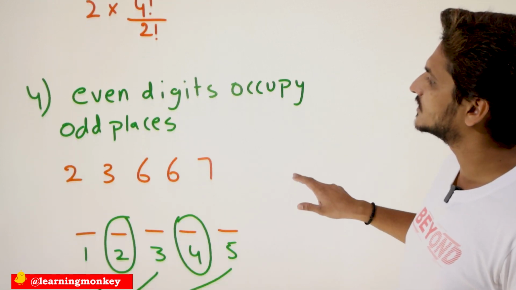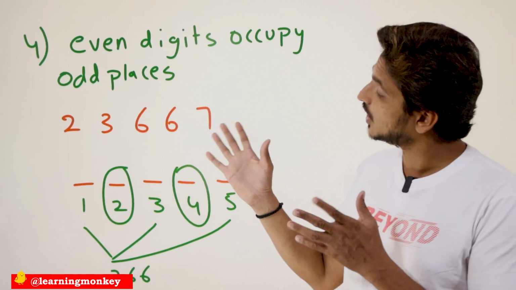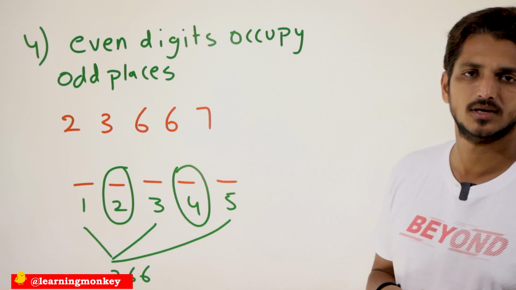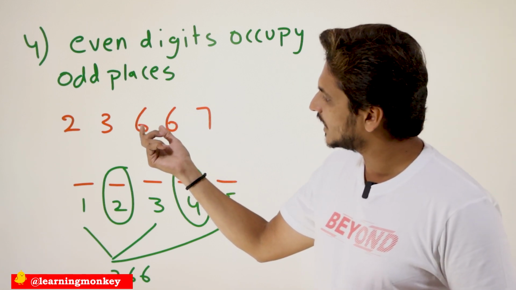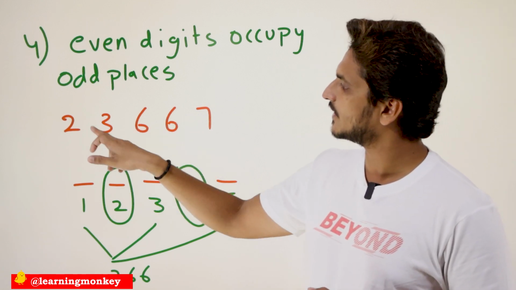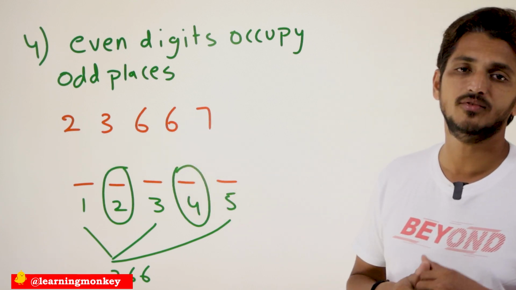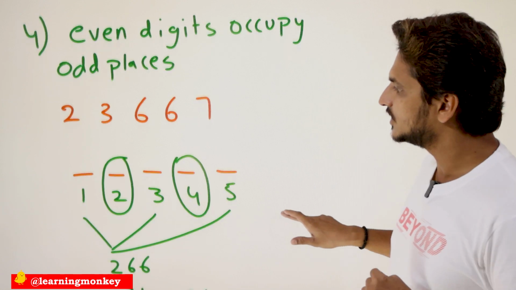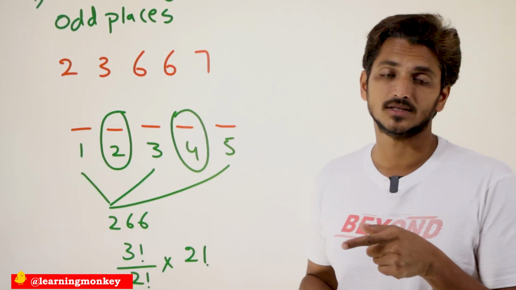Now coming to the last question, you have to place even digits in odd places. What even digits do we have here? 2, 6, 6 are the even digits. How many even digits are there? 3 even digits. These should be placed in odd places.